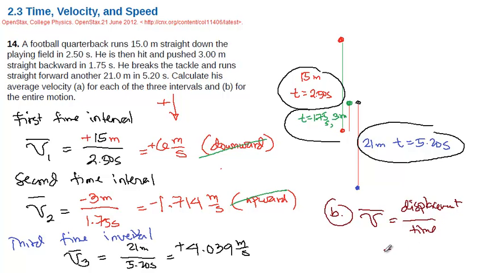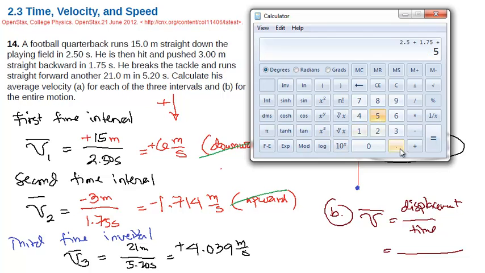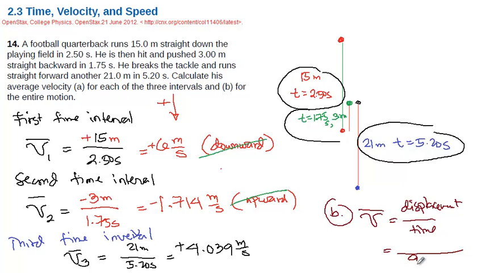The total time in which these changes happen is 2.50 plus 1.75 plus 5.20. That will be 9.45 seconds, a total time of 9.45 seconds.